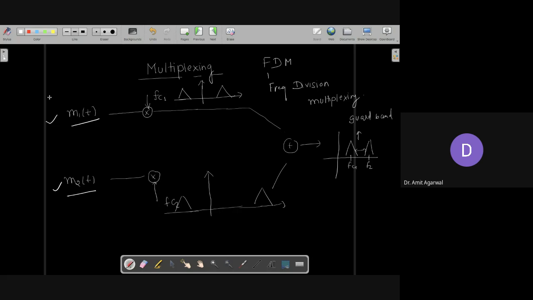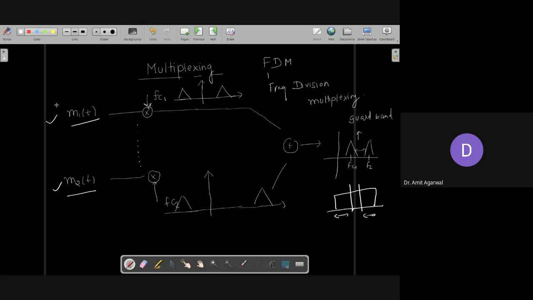You want your communication medium to be shared by two or three multiple users. So if this is the bandwidth of the channel, you divide it into two sub channels, and you allocate each channel to each user, right?